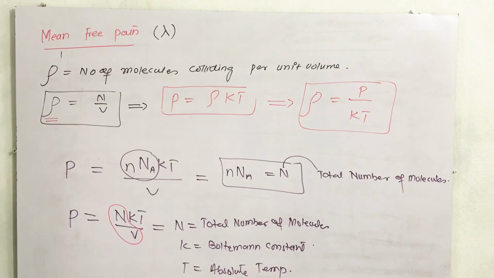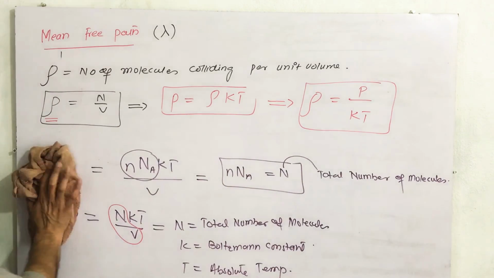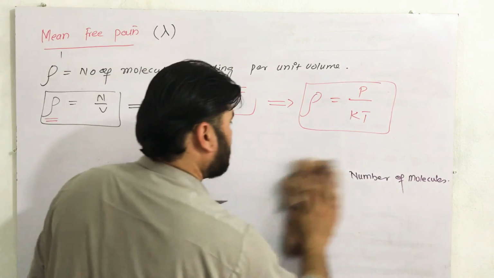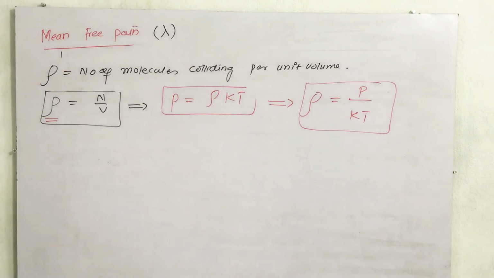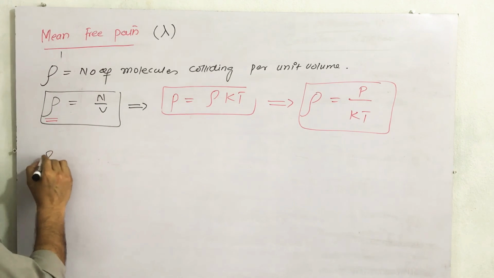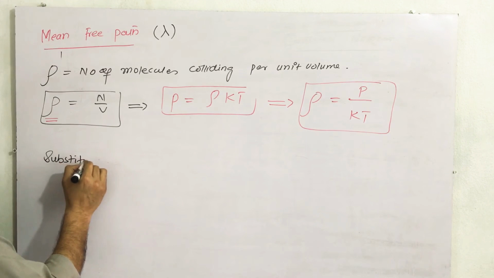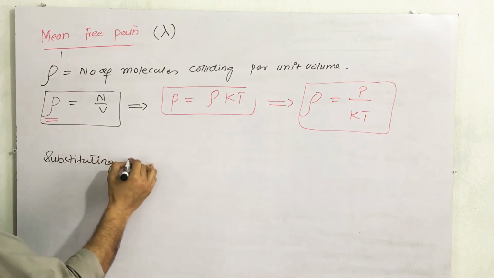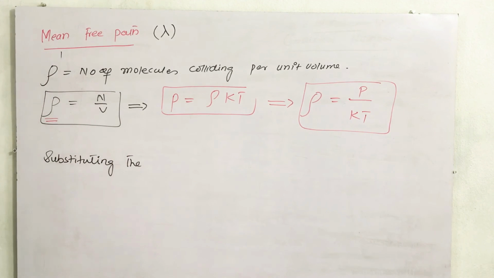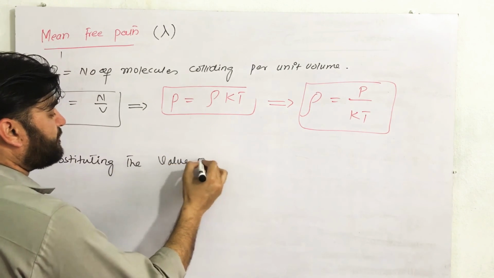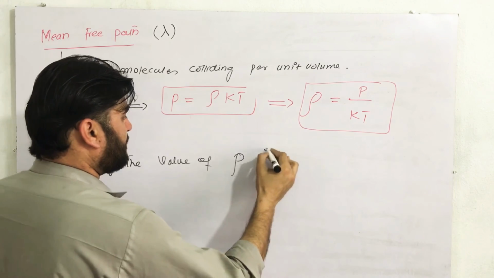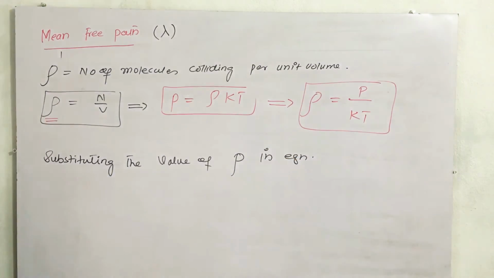Now see, substituting the value of rho in the equation. What was the equation?